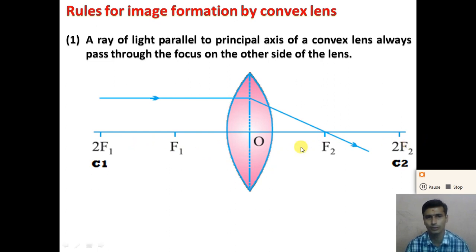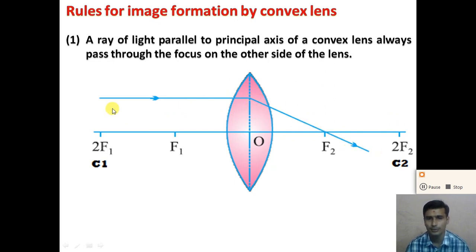So the first rule for image formation by a convex lens is: when a ray of light parallel to the principal axis of a convex lens passes through the lens, after refraction on the other side the ray of light always passes through the principal focus, right?